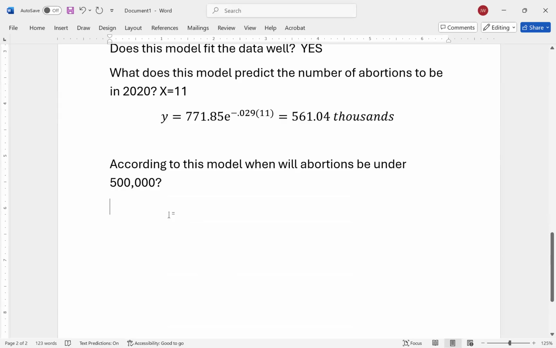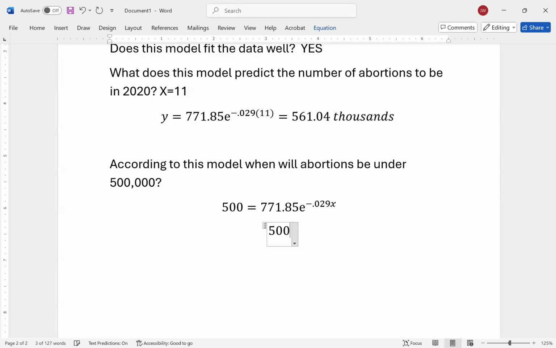According to this model, when will the abortions be under 500,000? Well, 500,000 would be a Y value of 500. So all we have to do is solve this equation for X. And the nice thing is we can just use our standard tools. We would divide both sides by 771.85.